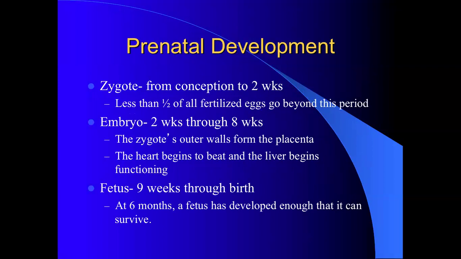And what we find is that about half of fertilized eggs don't even make it to that point, right? So it is possible for some that they were pregnant and wouldn't know it. And the reason why they wouldn't know it is because if the fertilized egg, that zygote, doesn't latch onto the uterine walls, it's going to be flushed out as a normal period, right?